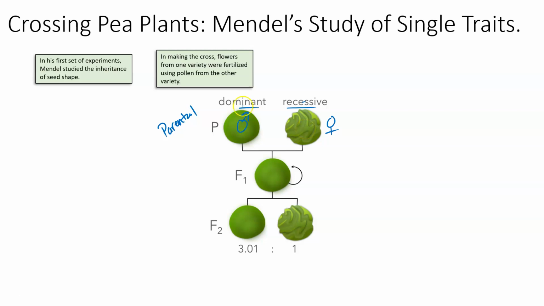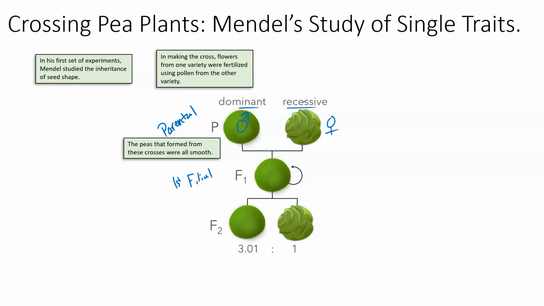He took pollen from this plant, gave it to this plant, and so he crossed this plant with this plant. When he did that, the peas that formed in the F1, which stands for first filial, the first offspring generation, were all smooth. So they all looked like the original father.